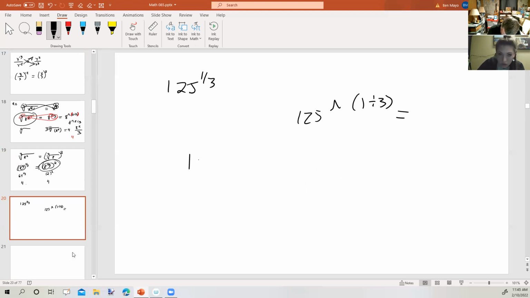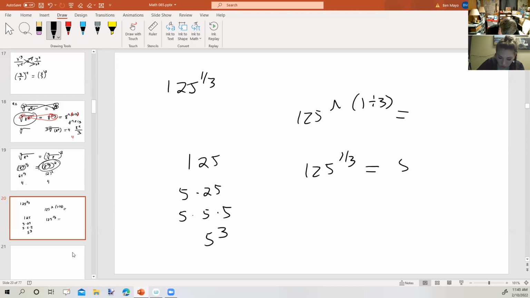If I take 125 and I break it down into its prime factors, that would be 5 times 25, which is 5 times 5 times 5, or 5 cubed, right? So 125 to the 1/3 power is equal to 5 cubed to the 1/3 power, right?